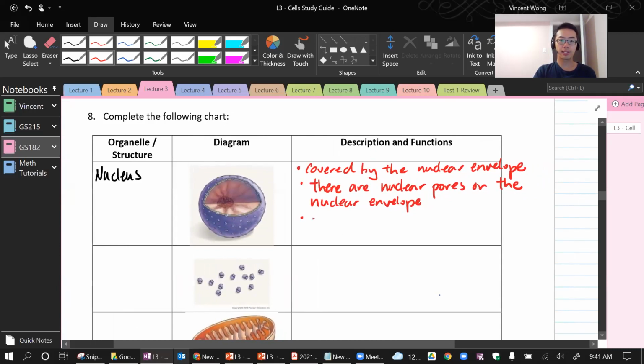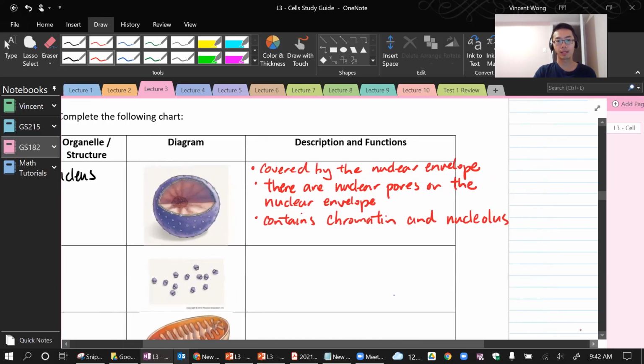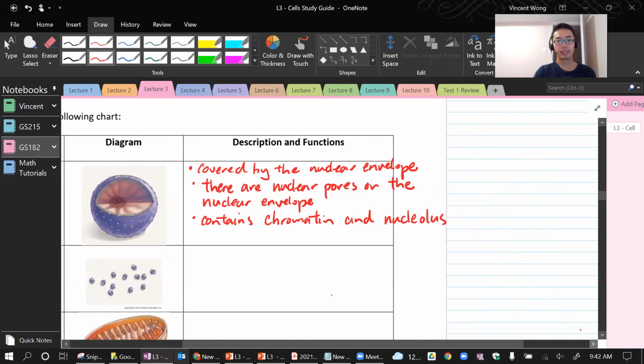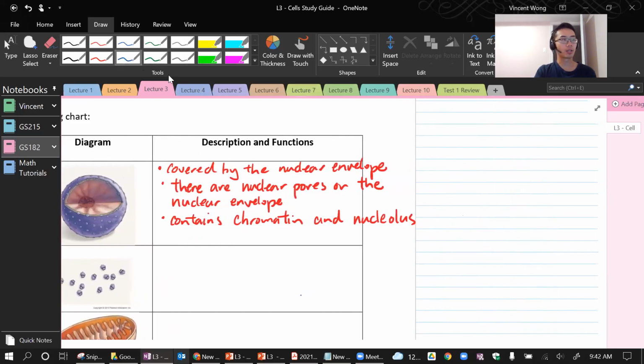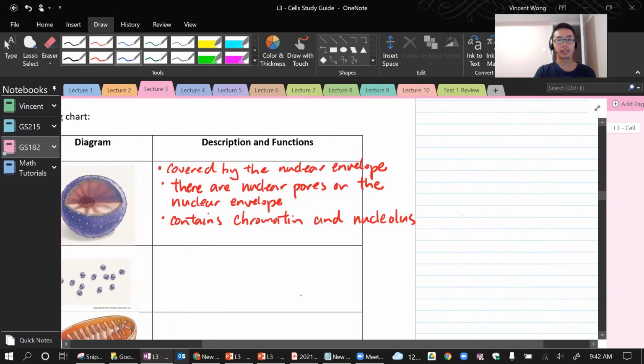I'll tell you what goes in and what comes out in a bit. And this contains two things. It contains the chromatin and something called the nucleolus. So a lot to unpack there. Let's talk about it. First of all, let's talk about the nucleolus.